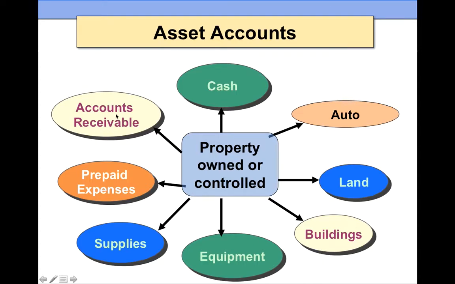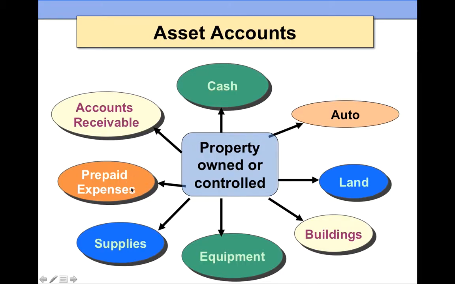These are amounts that we earned but have not collected yet. If we sold it for cash, it would increase cash. If we sold it on credit, meaning we give the customer some time until they have to pay us cash, we will increase AR.